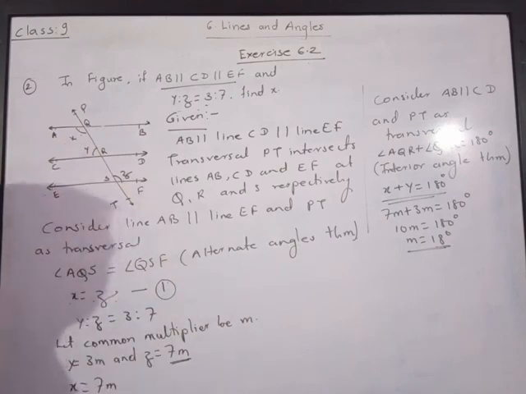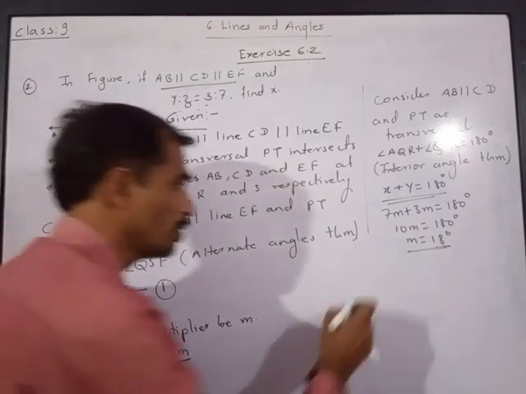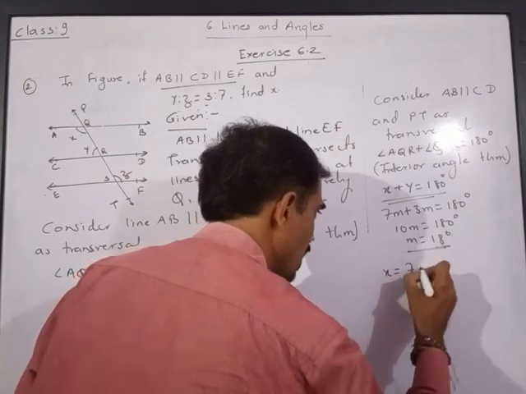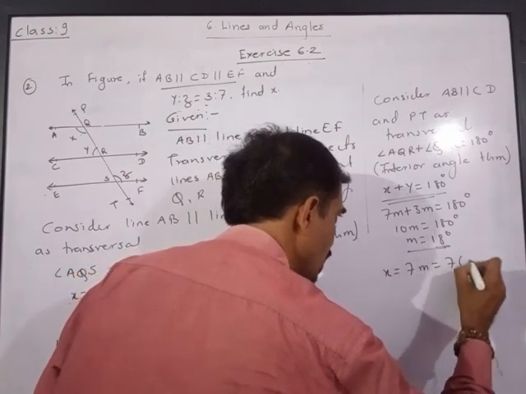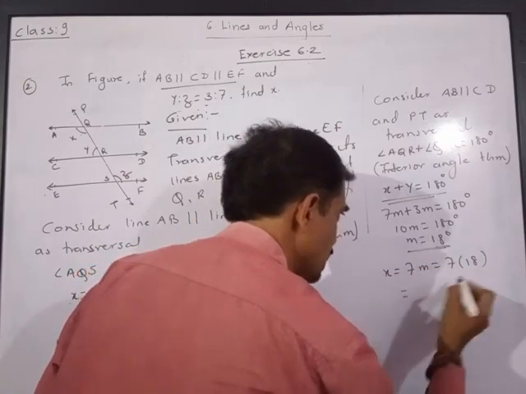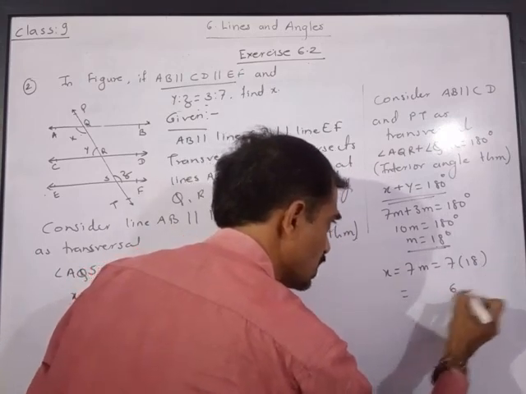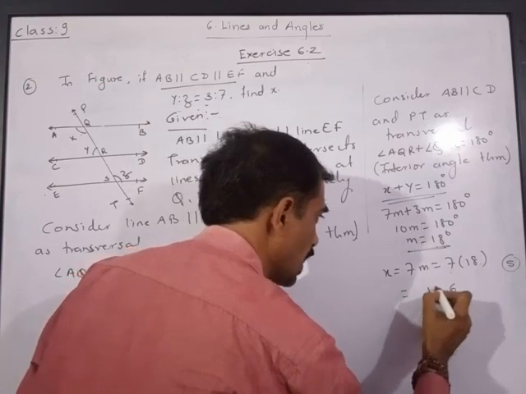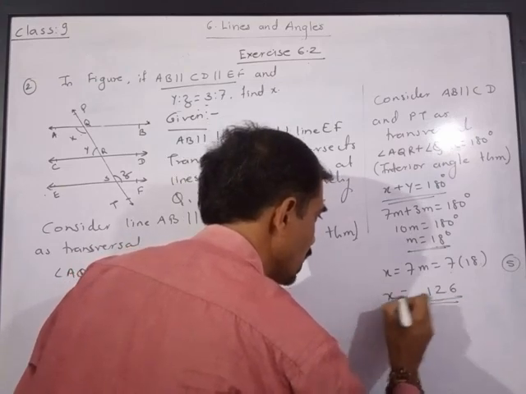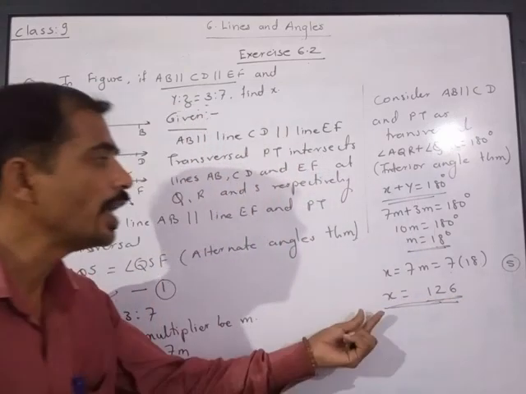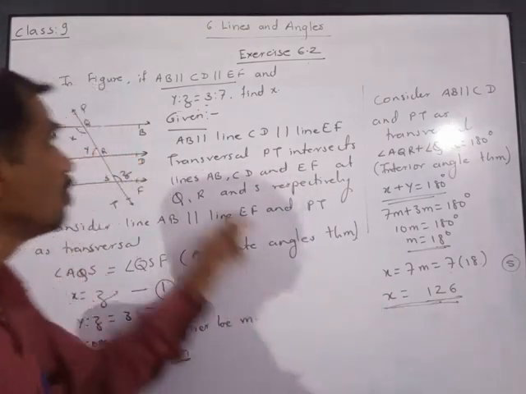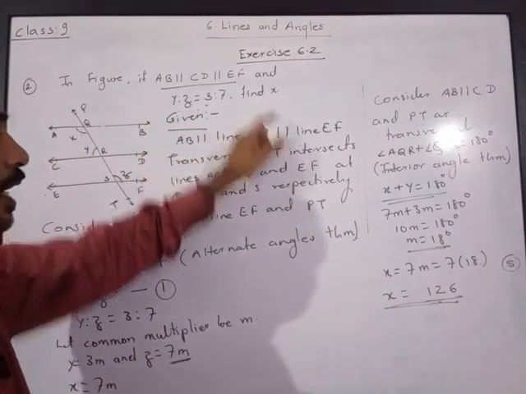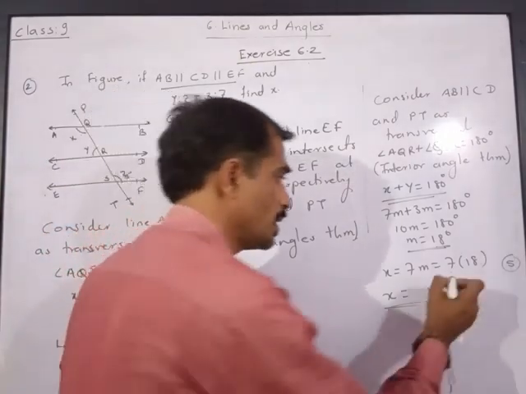We have already written x is equal to 7m, that is 7 into 18. 7 8s are 56, 5 carries, 7 1s are 7 plus 5 is 12. So x is equal to 126 degrees. We were asked to find the value of x, so x is 126 degrees.